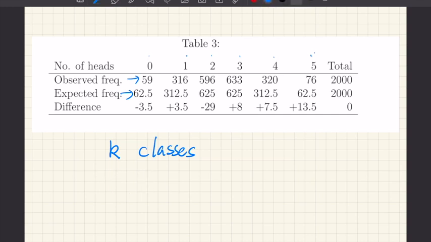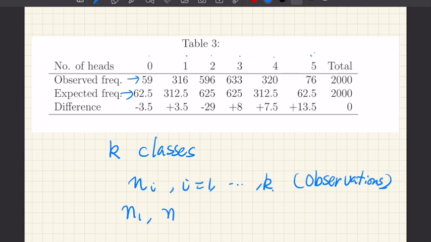The observed values are n_i, with i from 1 to k, that is n1, n2, and so on up to nk. This means class 1 was observed n1 times, class 2 was observed n2 times, and so on.